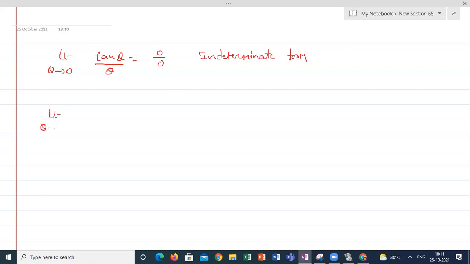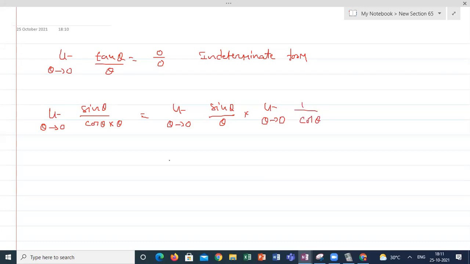Limit theta tends to 0, tan theta can be written as sine theta by cos theta into theta, and I am splitting into two fractions. Limit theta tends to 0, sine theta by theta into limit theta tends to 0, 1 by cos theta. This whole value is 1 and this whole value is 1 by 1. So the answer is 1.